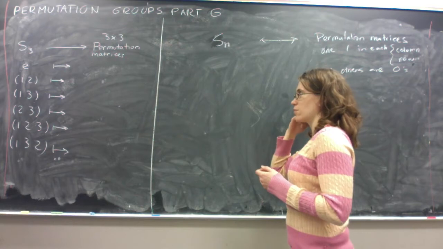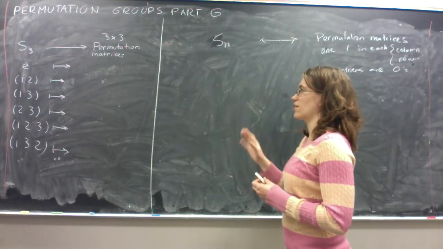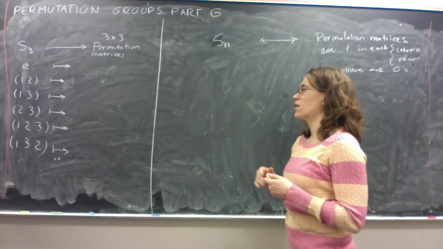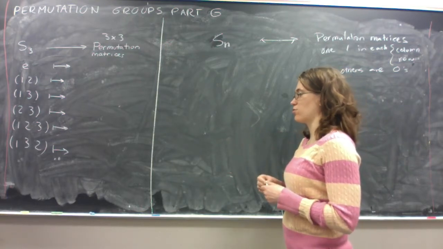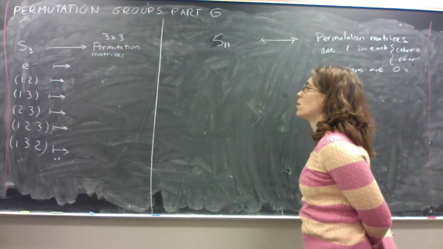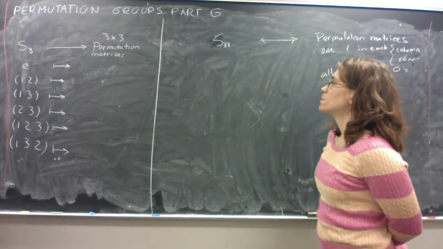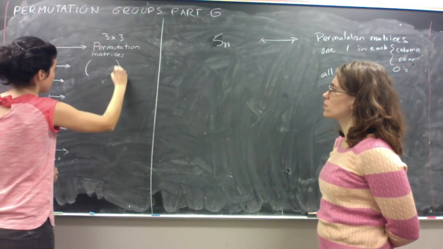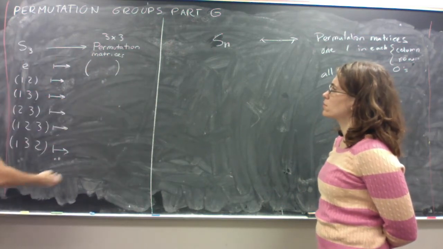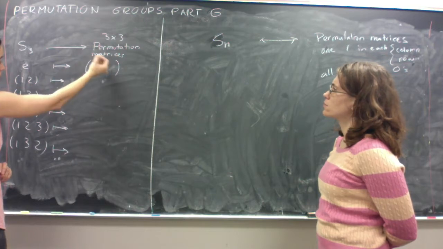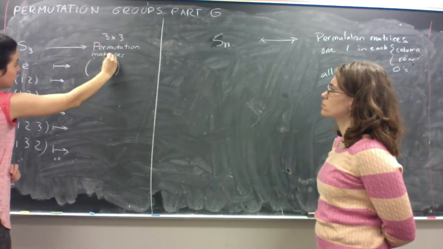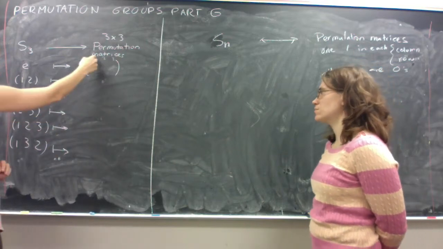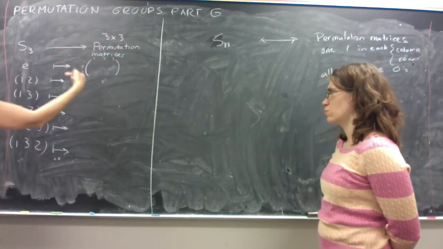So Ava's going to help us see this in practice, looking at S3 and writing each of the elements of S3 as a permutation matrix. Okay, so the way that you do this is, you're going to have 3 columns and 3 rows, and you want to first use your column, say is 1, 2, 3, and 1, 2, 3, and you want to label 1 in the place where your column goes to the row.